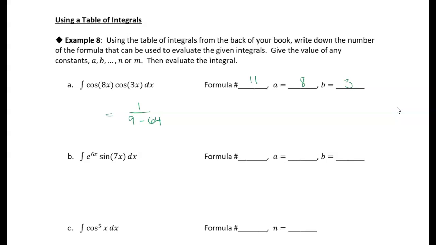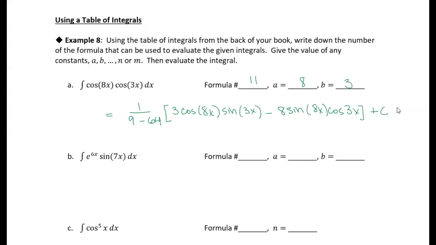So we have 1 over 9 minus 64 times 3 cosine of 8x sine of 3x minus 8 sine of 8x cosine of 3x plus c.